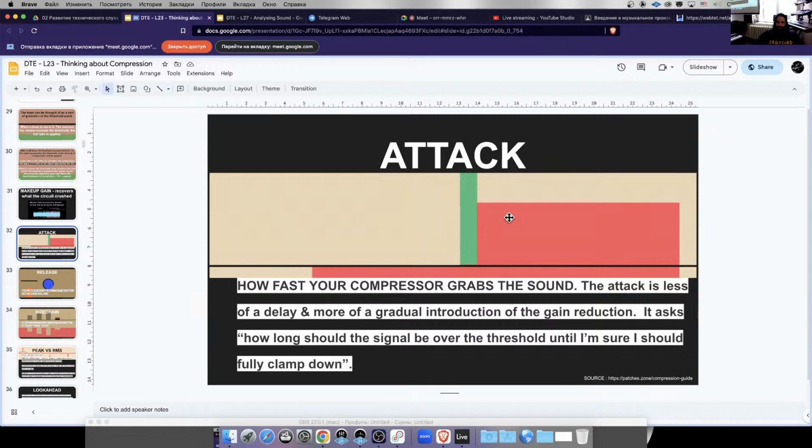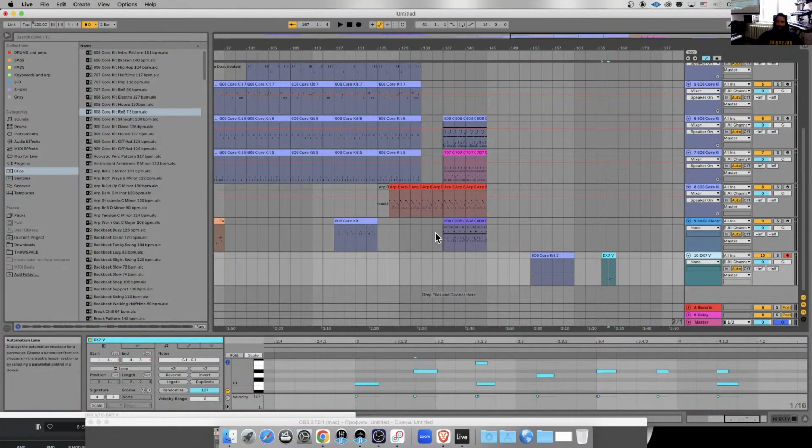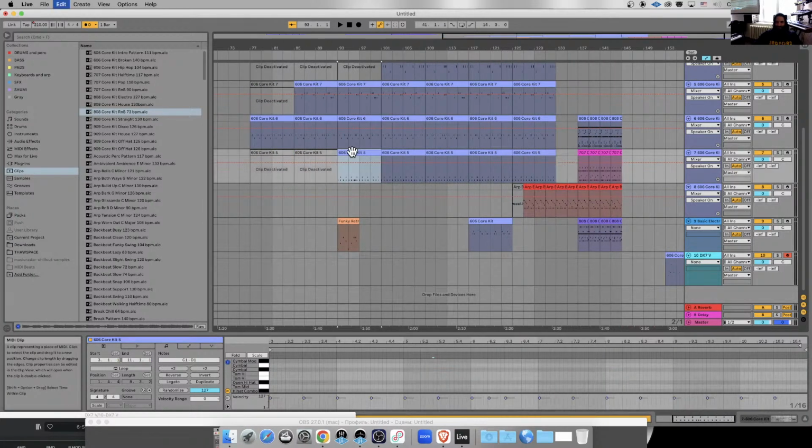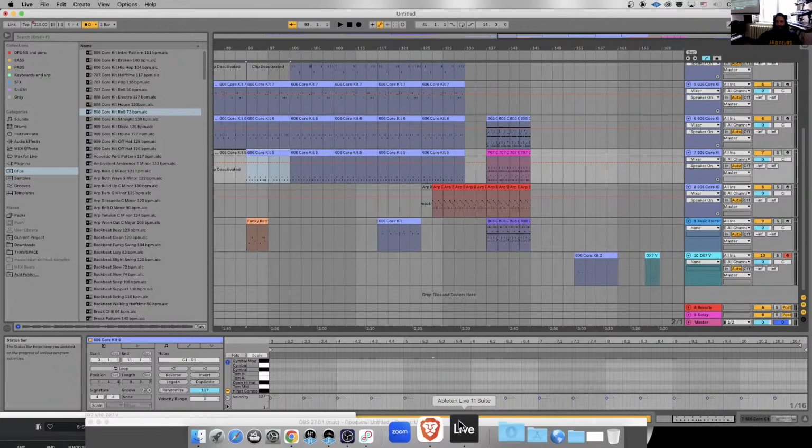So if we get back to the ear trainer, where you turn this knob with the settings of attack, yeah. So the bigger attack is faster, yes. Let's look at this.